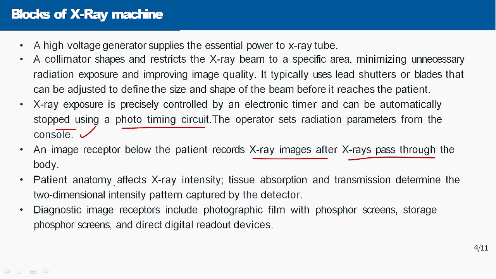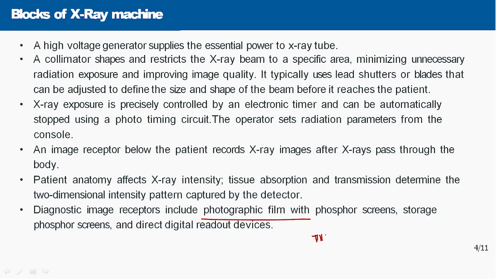Then the patient anatomy affects X-ray intensity. Tissue absorption and transmission determine the two-dimensional intensity pattern captured by the detector. The diagnostic image receptor is the photographic film, and above that film we have different grids.